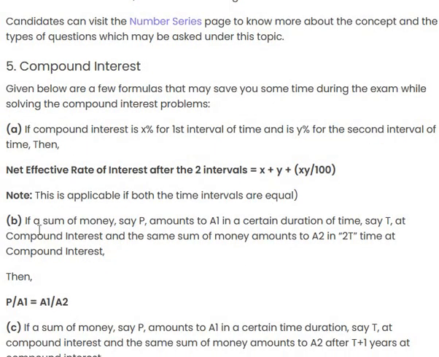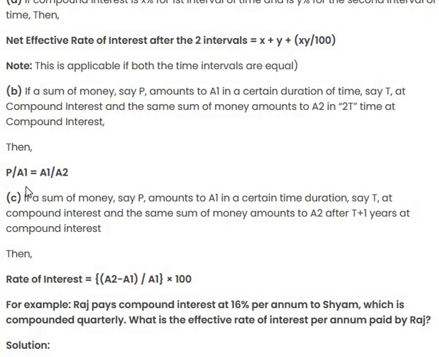B. If a sum of money, say P, amounts to A1 in a certain duration of time, say T, at compound interest, and the same sum of money amounts to A2 in 2T time at compound interest, then P divided by A1 is equal to A1 divided by A2.